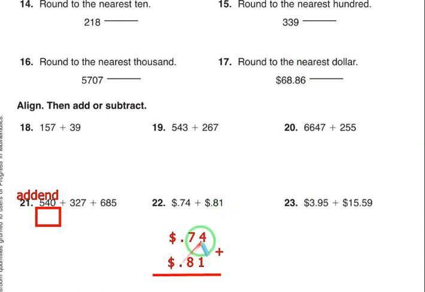Now we have 4 plus 1, the answer is 5, so we write 5. And we have 7 plus 8, the answer is 15, so we write 5 here, then we add a decimal point under the decimal point, and we regroup the one of 15, we write it here, 1.